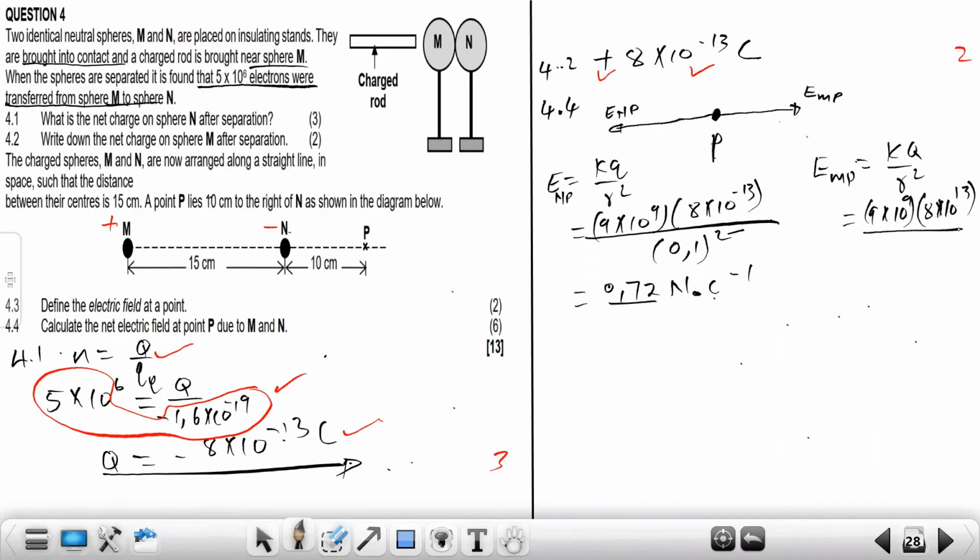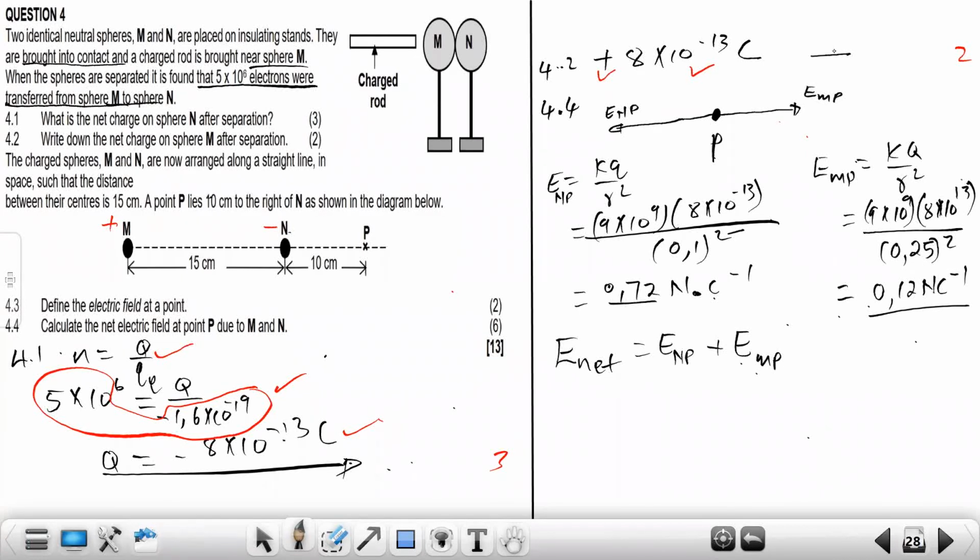And then the distance between M and P is 25. 15 plus 10 is 25. 25 divided by 100 is 0.25 squared. And then you get your final answer as something like 0.12 Newton per coulomb.